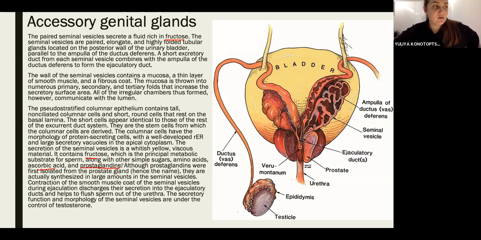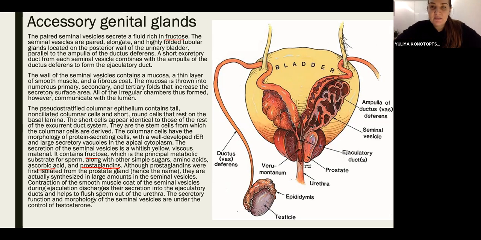Actually, fun fact, it's called prostaglandin because the first prostaglandin was isolated from the prostate. So they called it prostaglandin. But then they realized that not only prostate makes prostaglandins. As you know, there are so many types of them. A couple of them are for the immune system, okay? But they're still called prostaglandins because the first one was isolated here.